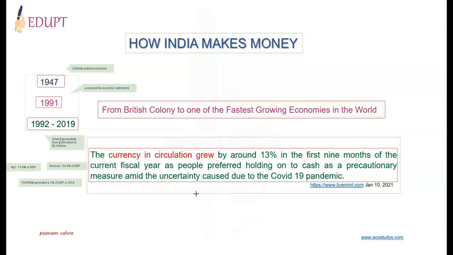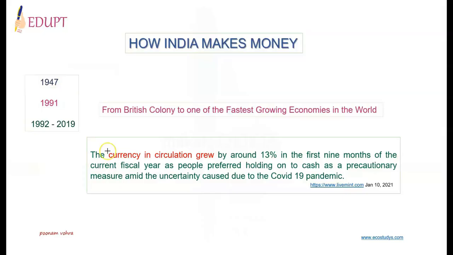This is the observation made by Reserve Bank of India, as people have been accumulating more cash in order to meet any exigency during the lockdown. Hence, currency in circulation has experienced the maximum growth during this period. So, the emphasis is on currency in circulation. What does it mean? That's what we have to understand.